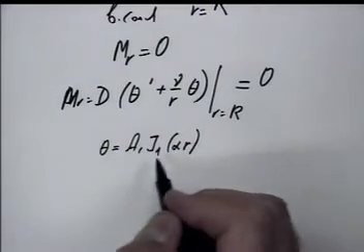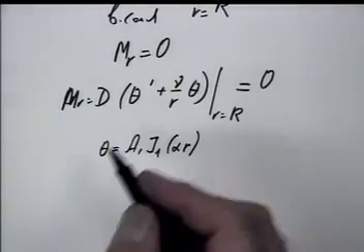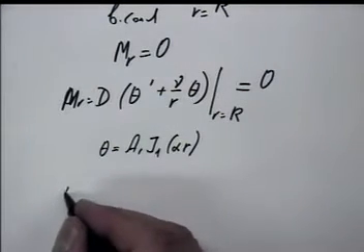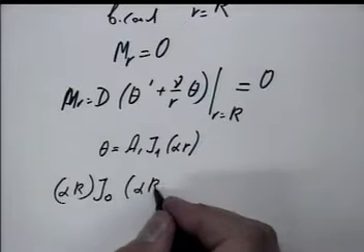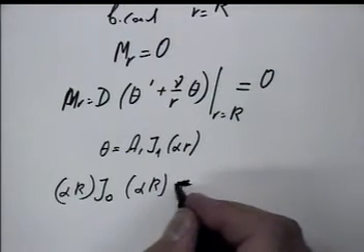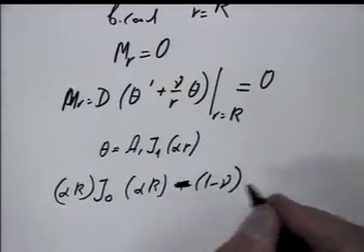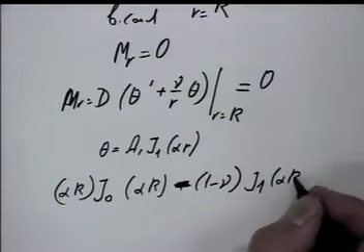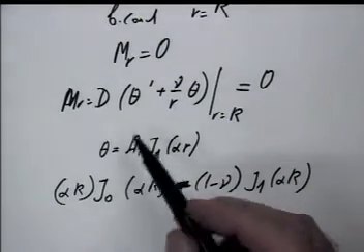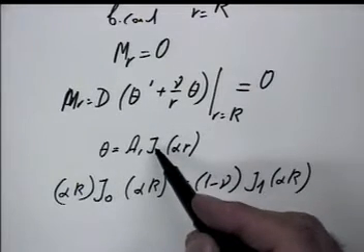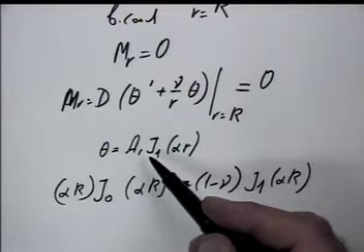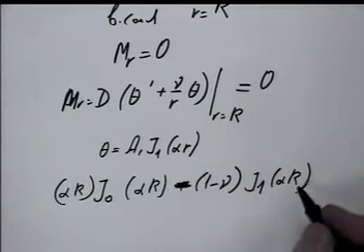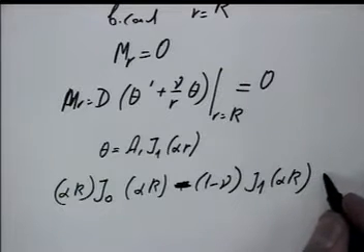That is our general expression of the mode shape, and we get the following equation: alpha R J0 alpha R plus minus 1 minus nu J1 alpha R, because the derivative of J1 is proportional to J0 and J1. And this equals 0.